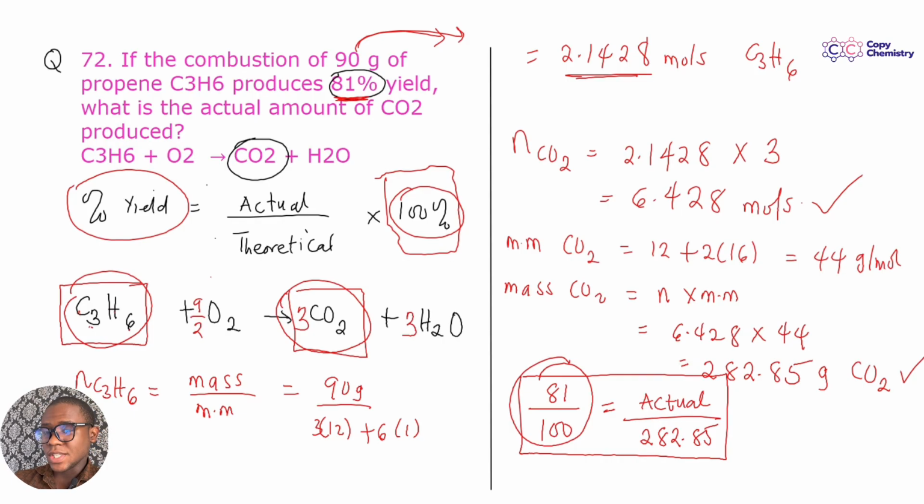So that's what the 100 actually is. So I can solve that, and when I do my calculation, the actual yield is going to be equal to 229.114 grams. Okay, that's what we're going to have at the end of the day, and that is the answer to this question.